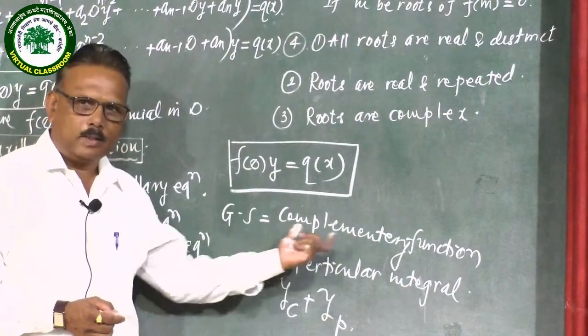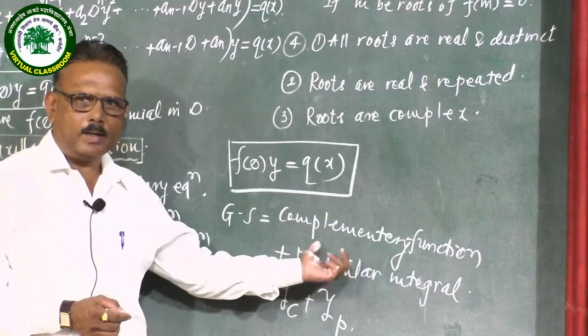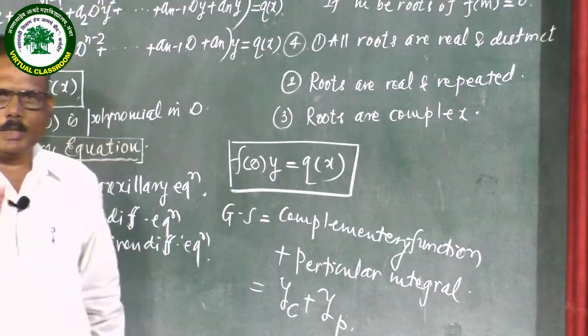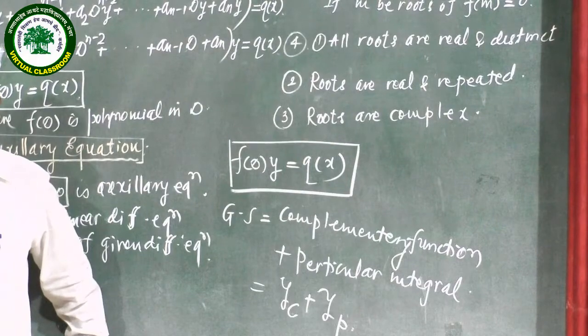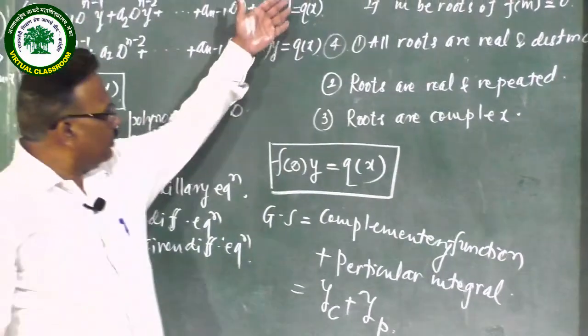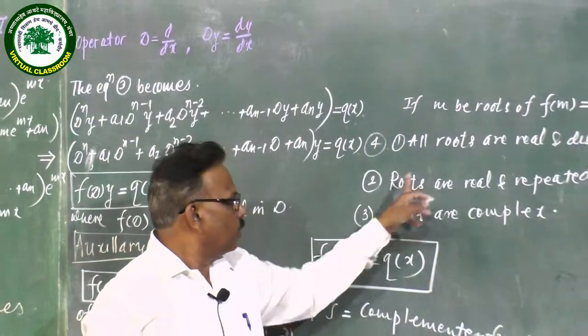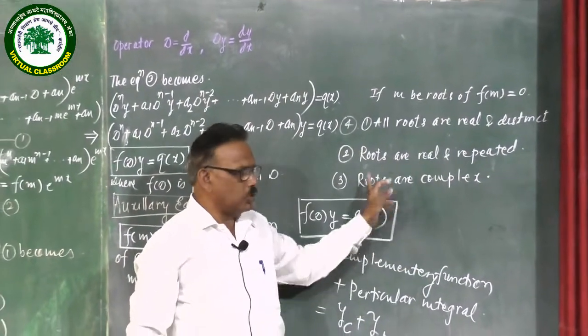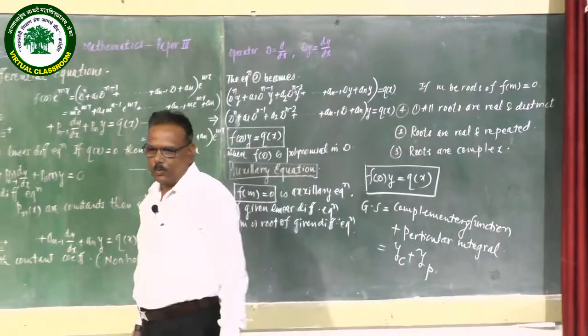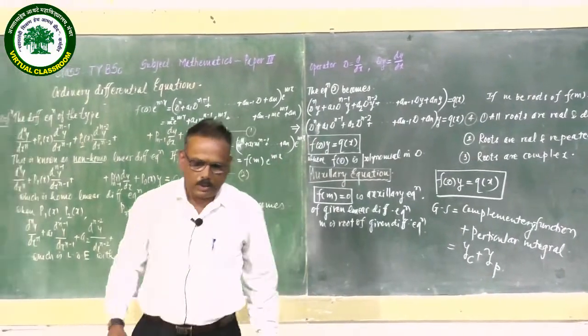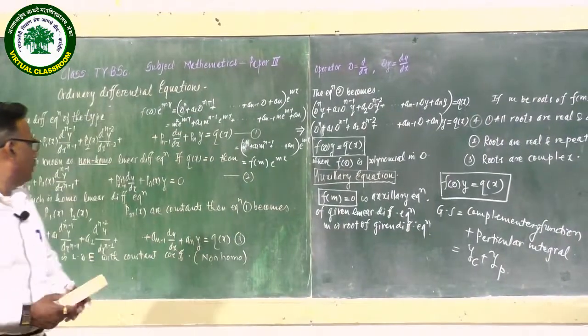Out of that, the first part is to find the complementary function, that means the solution of the auxiliary equation. It has three types of roots: all roots real and distinct, roots real and repeated, roots complex. Okay, we are taking the first part, real roots. Simple examples will be there.